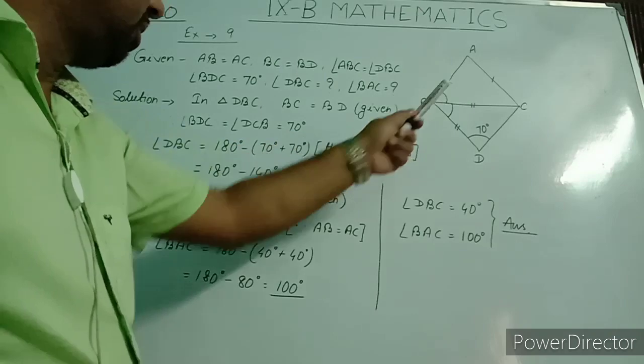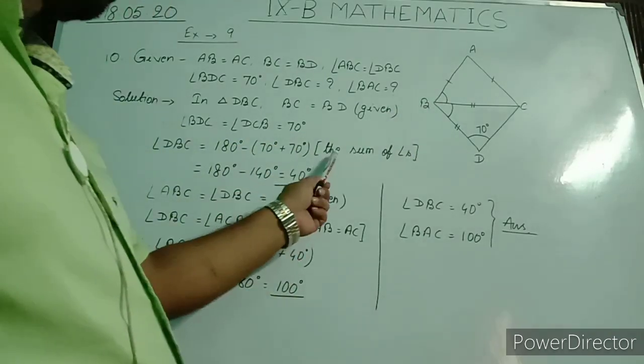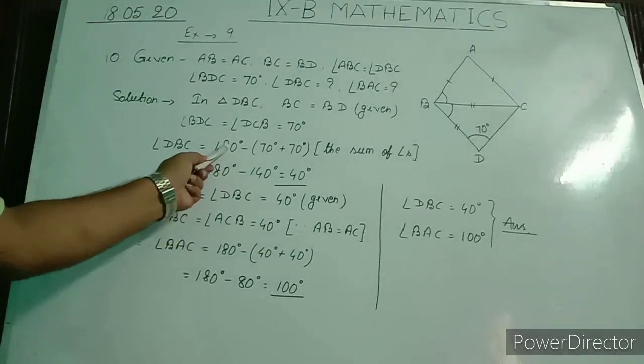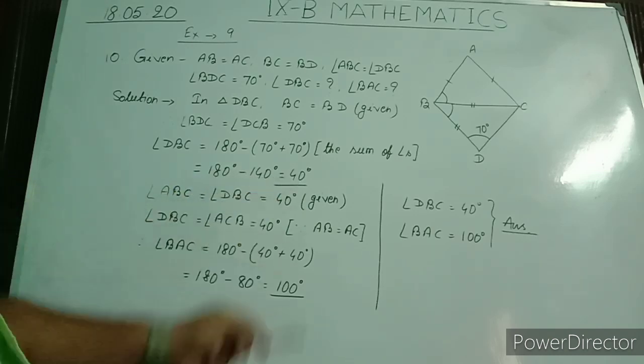Therefore angle DBC equal to 180 minus 70 plus 70, because the sum of angles of a triangle equal to 180 degree. This became 180 minus 140, so 180 minus 140 equal to 40 degree.